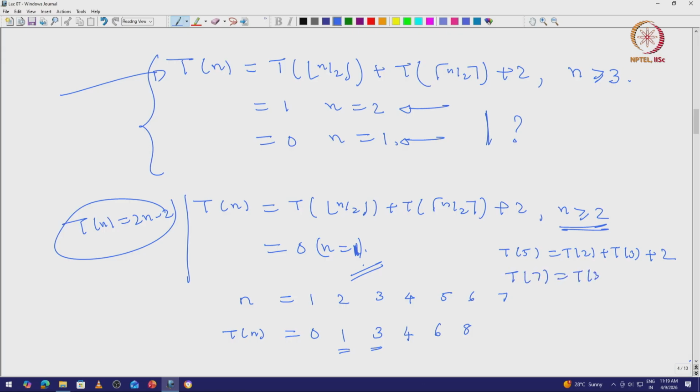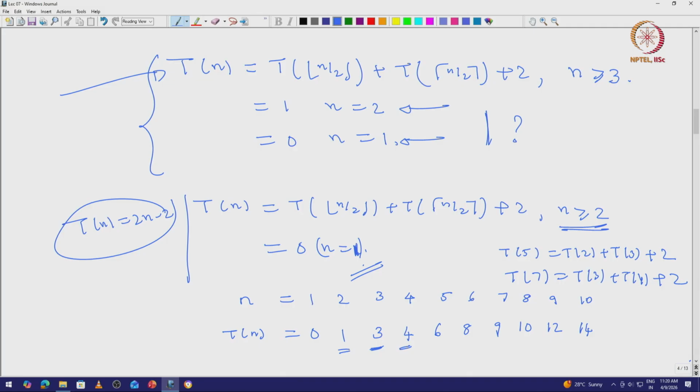It is T of 3 plus T of 4 plus 2, 3 plus 4 is 7, 7 plus 2 is 9. What about 8? T of 4 plus T of 4 plus 2, 4 plus 4 plus 2, which is 10, and T of 9 is 12, and T of 10, T of 5 plus T of 5, 6 plus 6, 12 plus 2, which will be 14.